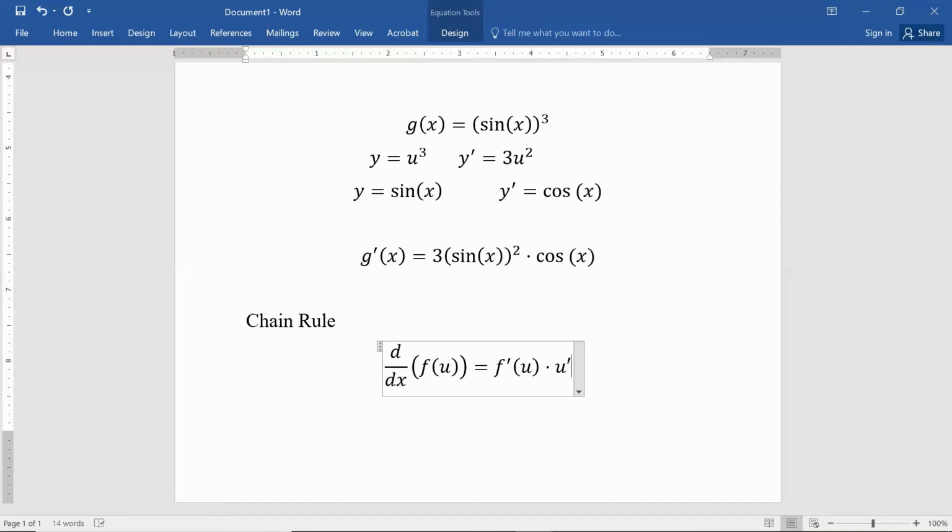So instead of g's, people will use u's. Sometimes this is easier for people to understand because there's a single letter there that replaces my inside function. In my case, this was sine.